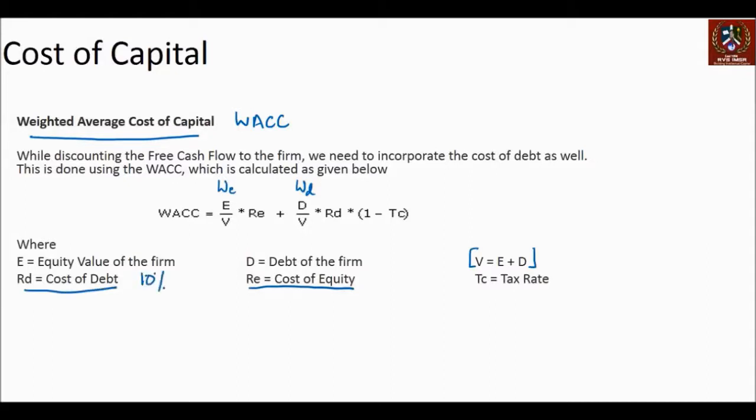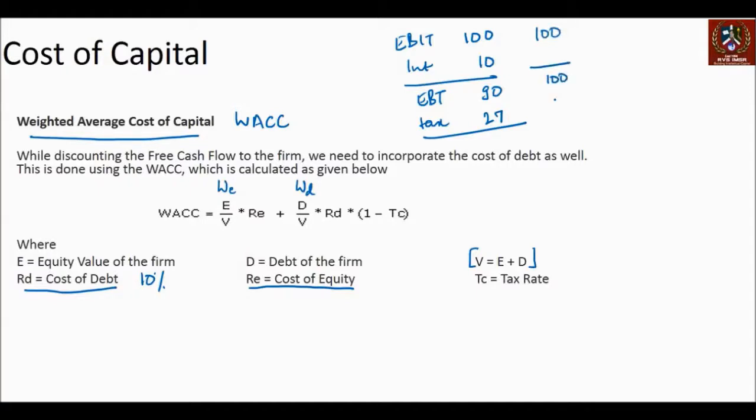If the cost of debt is 10%, let's say you have an EBIT of 100 and you have interest of 10, then you have a profit before tax of 90, and let's say your tax is 30%, so you pay 27 of tax, right? If you did not have an interest, the profit would have been 100, and tax would have been 30, right?